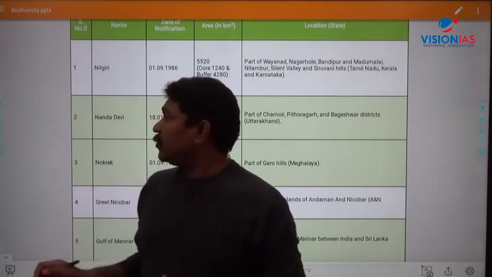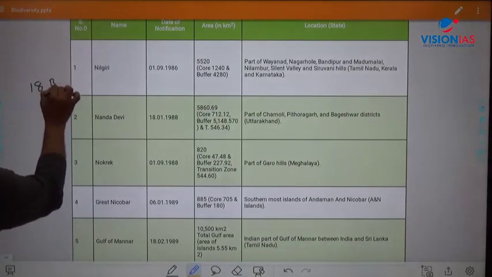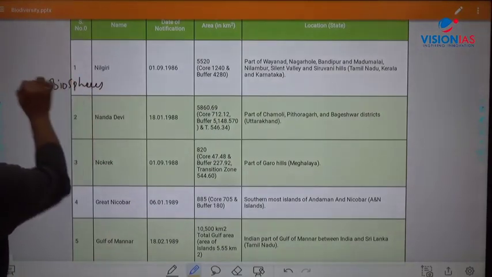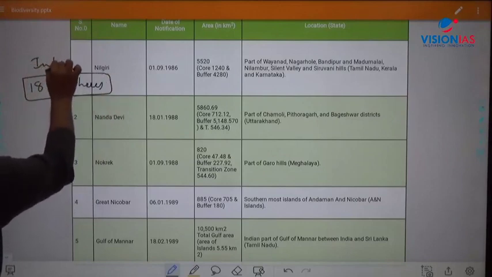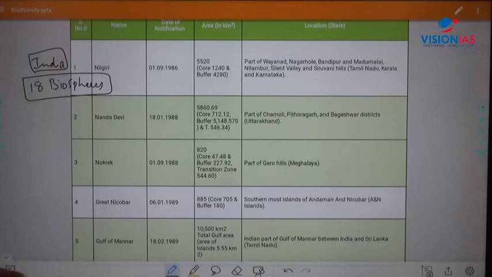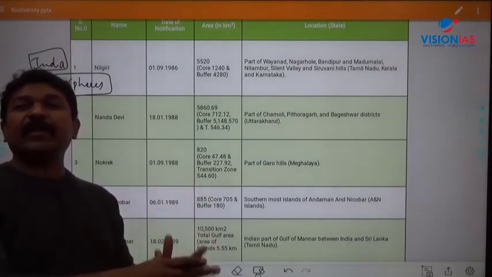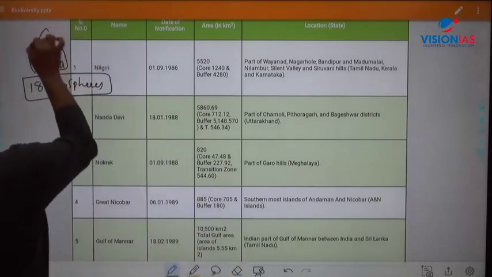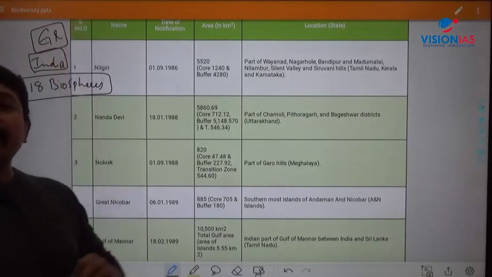Altogether, as of now, the government of India has announced 18 biosphere reserves. According to India, there are 18 biosphere reserves. India has selected 18 such areas where there is a rich biological diversity and where you can find a great genetic resource.